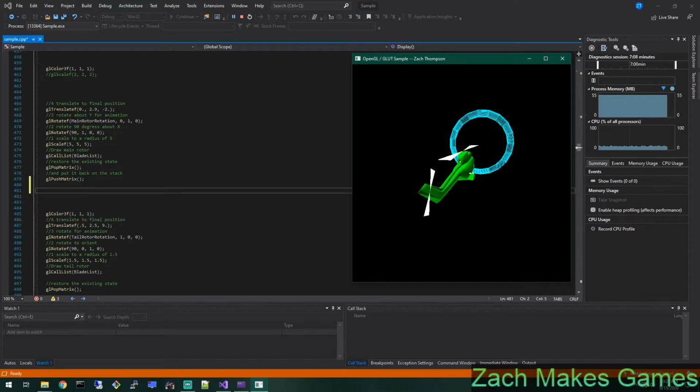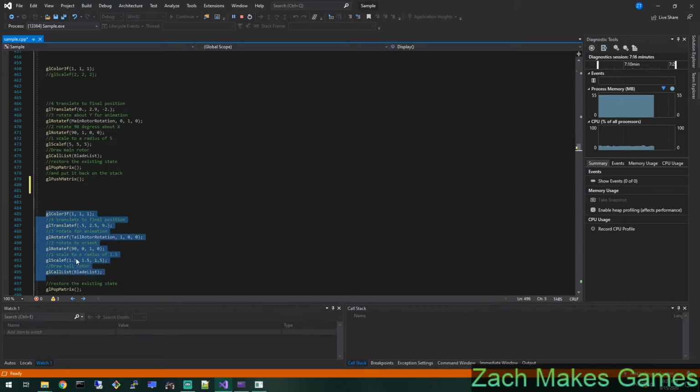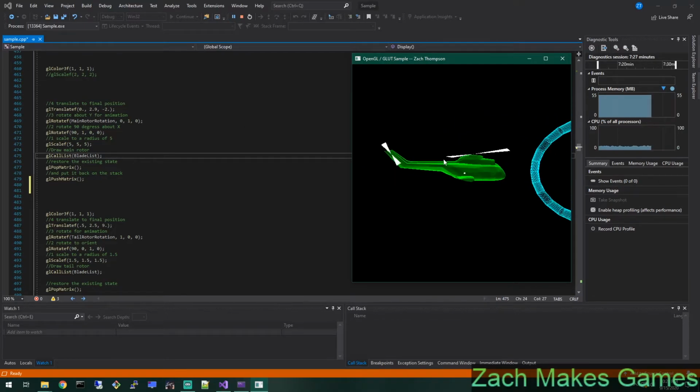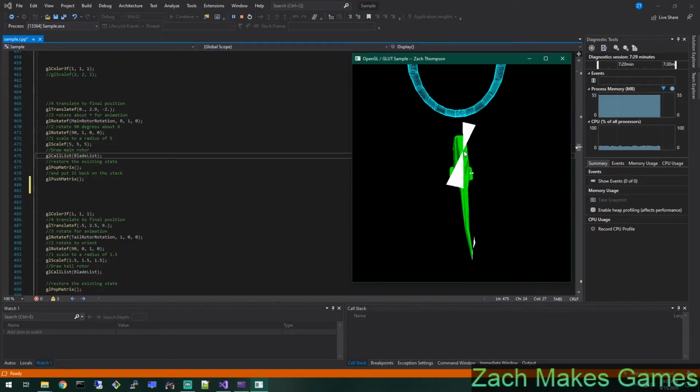So I would move the rotor, and I should have made a note. Okay, so this seems to be the smaller one. It's got the smaller scale on it. This is the bigger one with the bigger scale on it. So I did the top rotor first. I moved it up by 2.9 and back by -2, so I would place it where it's supposed to be.